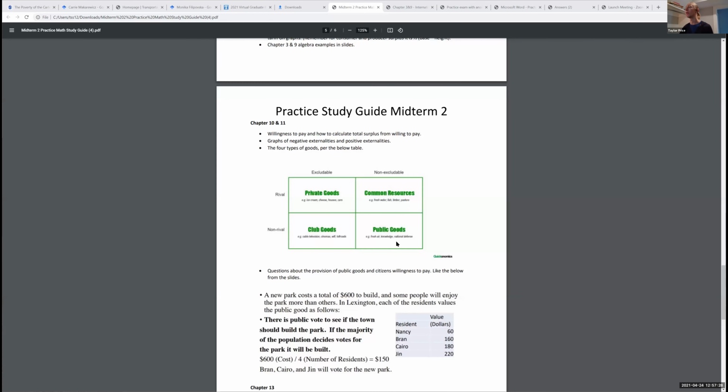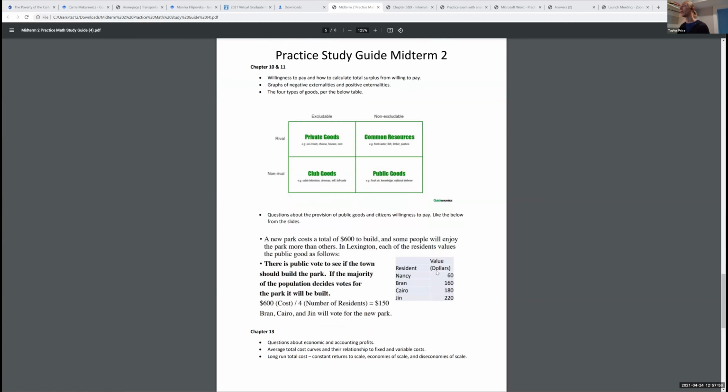Make sure that if you're having any trouble with those, you're able to understand which one is which, because there will definitely be questions on the midterm that ask if a good is a club good, common resource, private good, or public good. So definitely make sure to understand that.